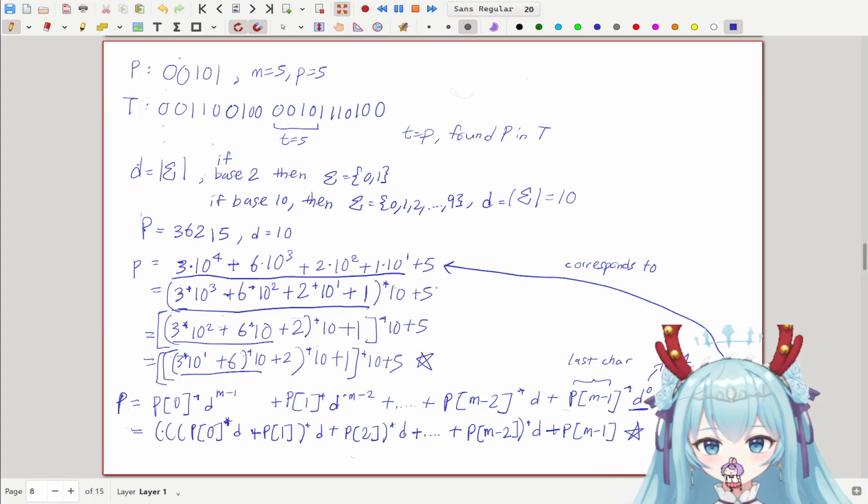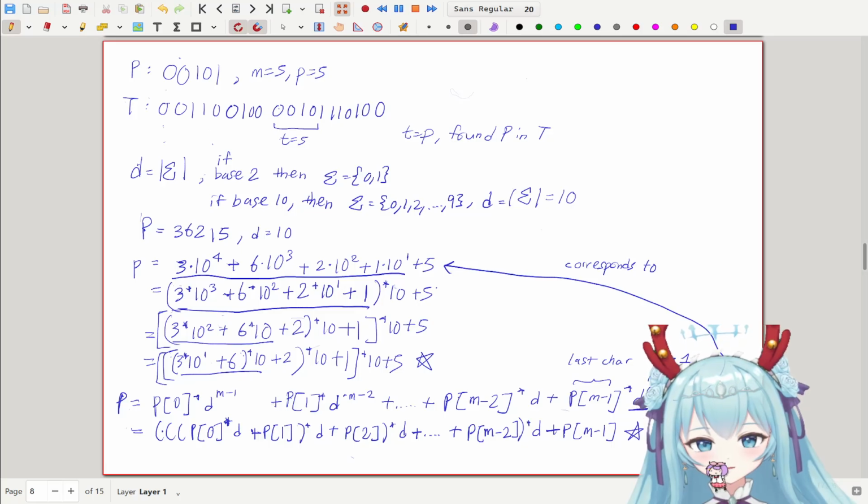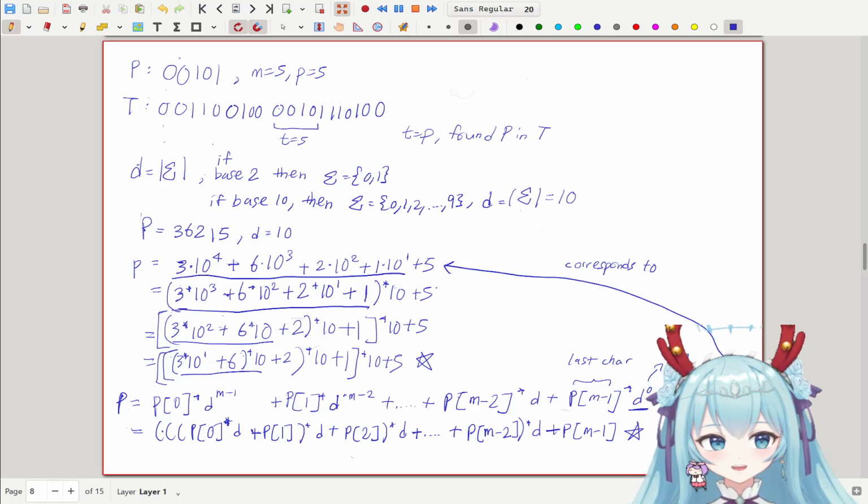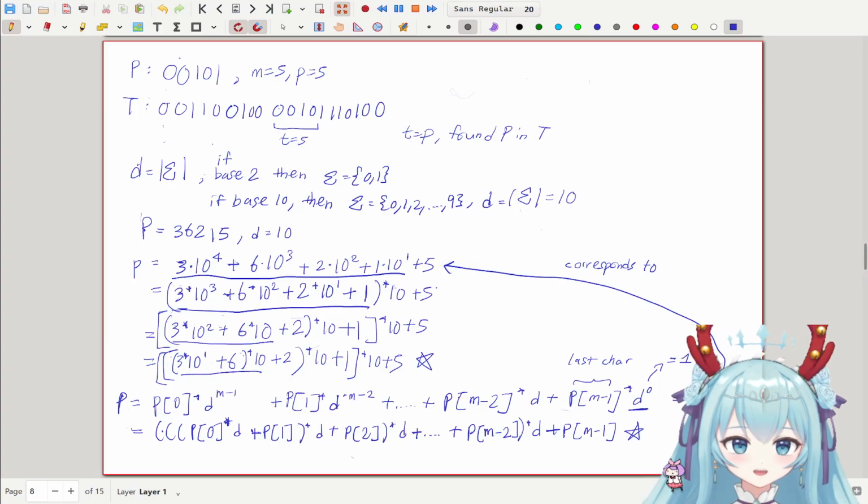So how do we calculate it then? There's some space here at the top, so I'll just use it over here.